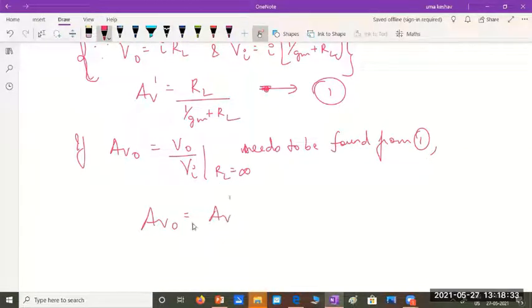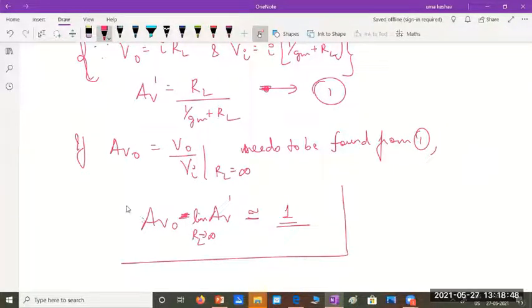It is AV dash when RL tends to infinity. Can you tell me what this value would be if you put RL as infinity? This turns out to be 1. This approaches the value 1, which is what is needed in this common drain amplifier.